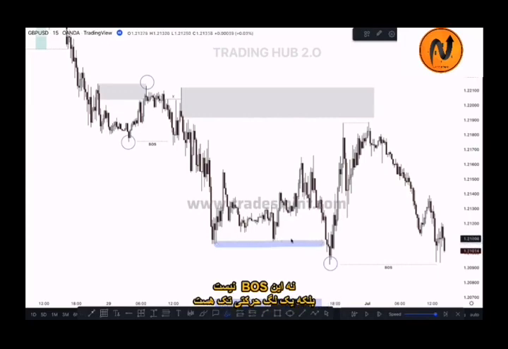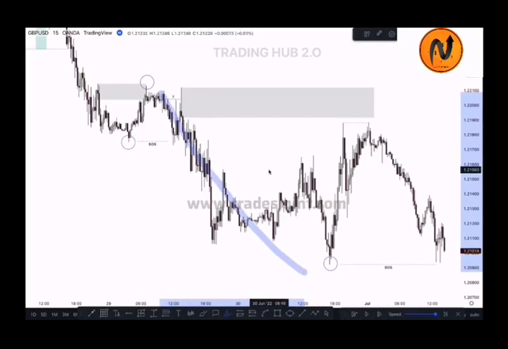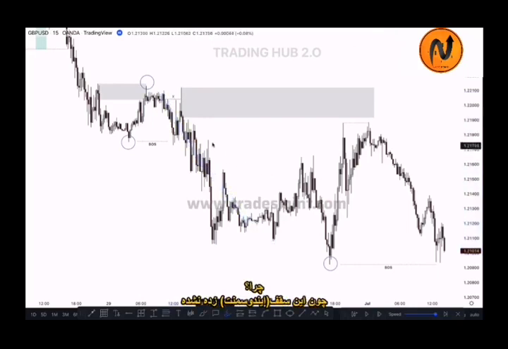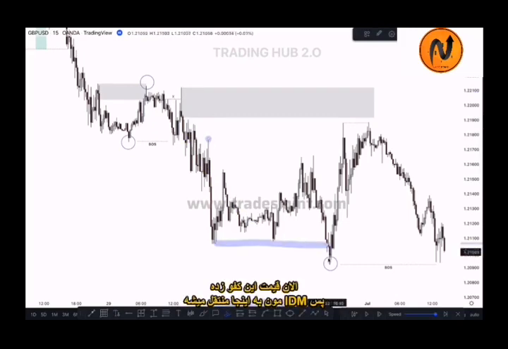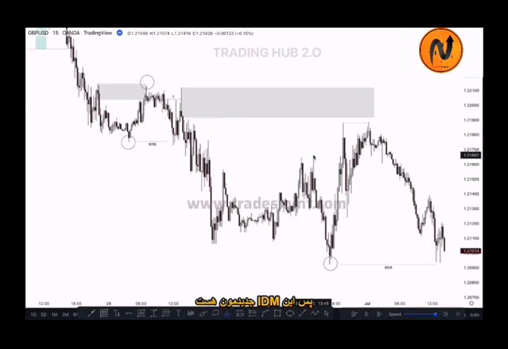No, this is not a break of structure. This is our single leg. Why? Because the market did not sweep this high, did not take out this high. This is our inducement. Now the market took out this low, which is here. So our inducement shifts from here to here, correct?